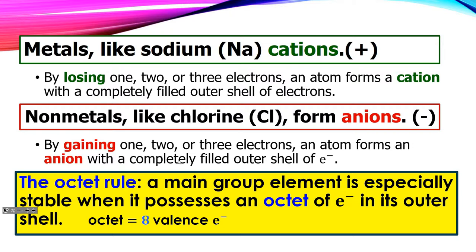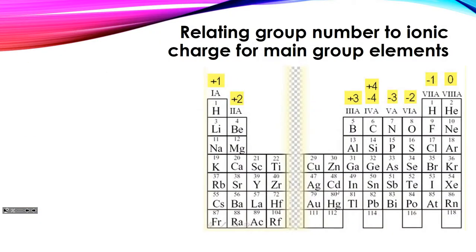Okay, so if we look at the periodic table, ignore the D, ignore the F. You can basically say what element's main charge is going to be. If it's in the first column, hydrogens and lithiums, it's going to be a +1. Second column, +2.